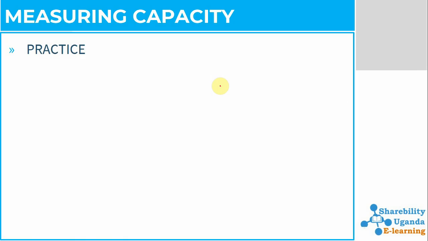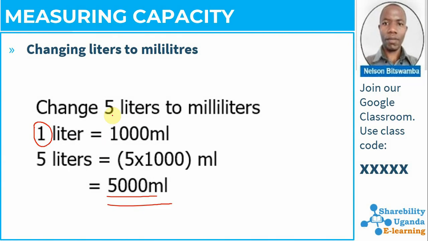Also, when changing liters to milliliters, we still use the same concept of 1 liter being equal to 1,000 milliliters. Then we shall multiply, because we are increasing the milliliters, which are smaller than a liter.